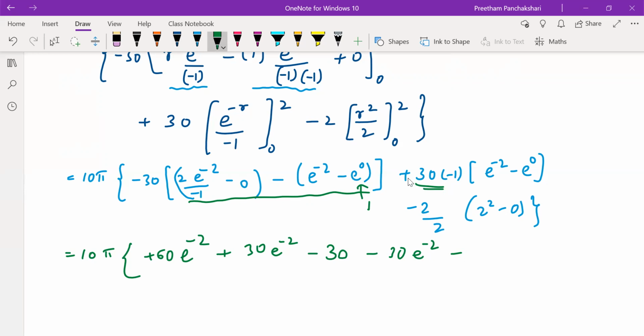This is already minus, see, minus 30. Minus 30 into minus is plus. e power 0 is 1. So this becomes plus 30. And finally, here 2 and 2 cancelled, minus 2 square is 4.